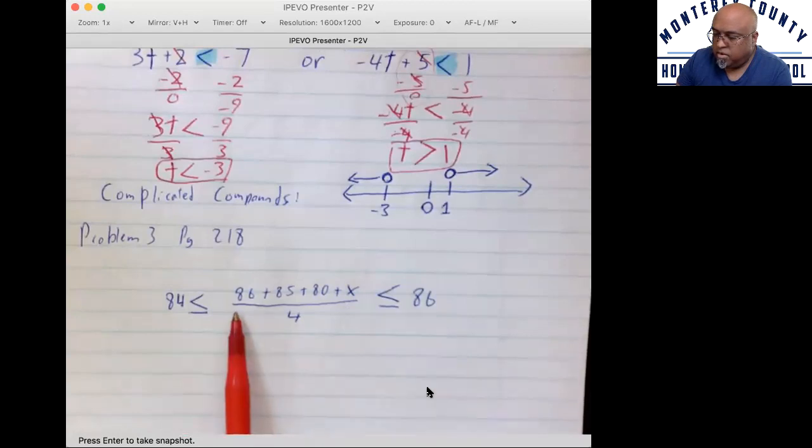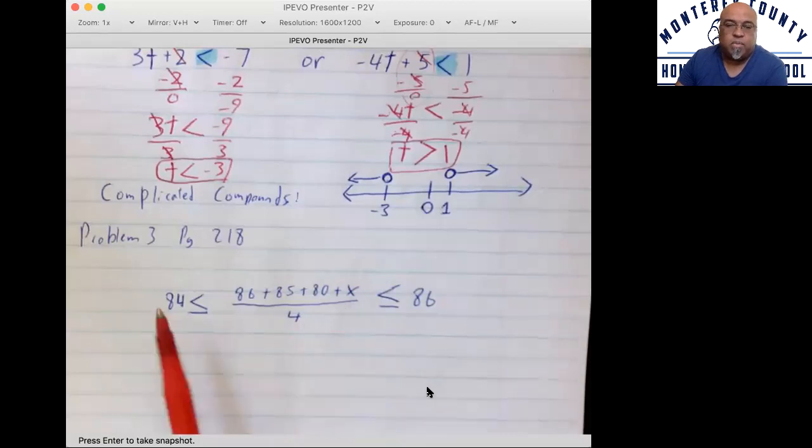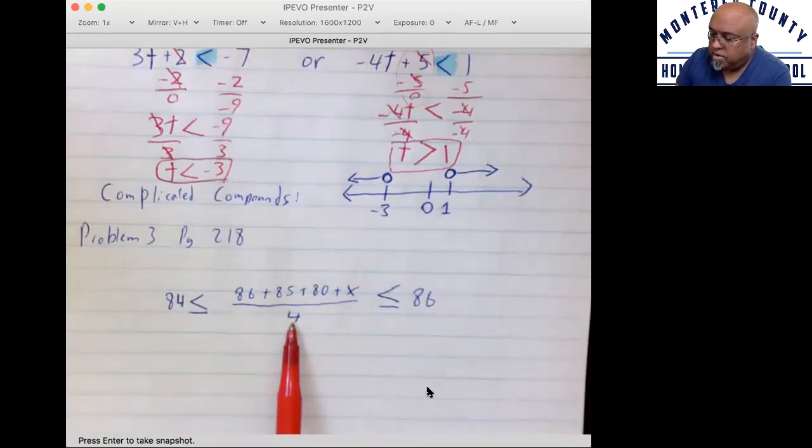Now, when you average, you divide by the number of things that you're adding together. So there's 4 elements. These are your 3 test scores, 86, 85, 80, and the last test score, which you haven't taken yet. I'm not talking about your actual test, I'm talking about the question, problem 3 here. So the first step is we want to eliminate the fraction of 4 here.